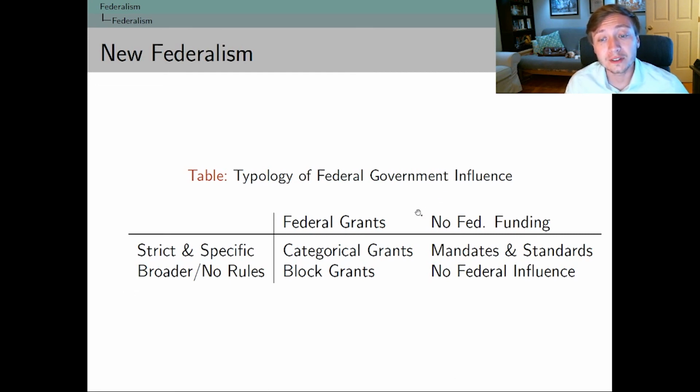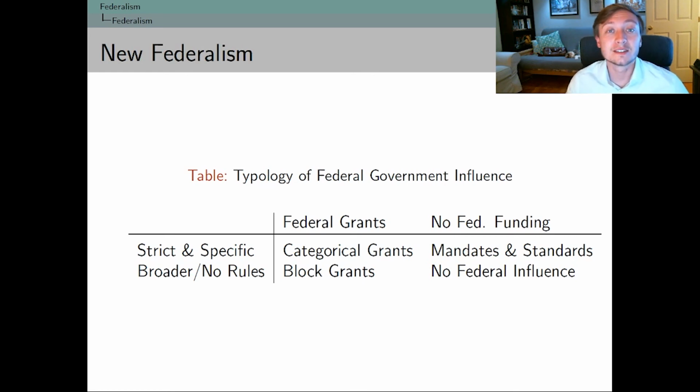And so, for example, we have the difference here between areas where there is no federal funding, where the federal government has essentially compelled states to do something and has not provided any funding, or whether this program is funded through federal grants.